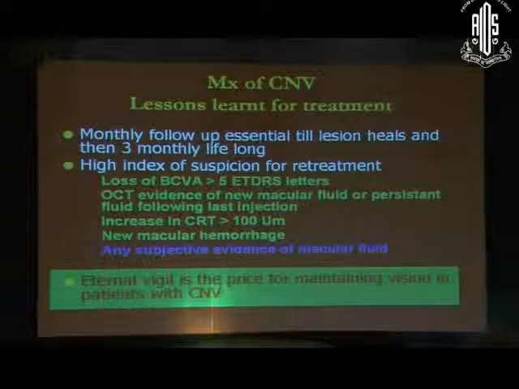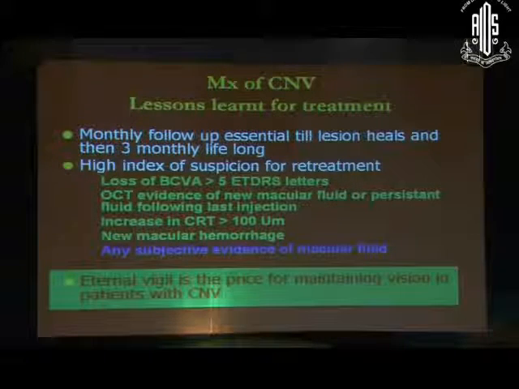Monthly follow-ups are essential. In the Horizon study, the results went down because they went to 3 monthly follow-ups. The moment you go from monthly follow-up to 3 monthly follow-up, the patient deteriorates. So monthly follow-ups are essential till the lesion heals, and then 3 monthly follow-ups lifelong. The second and most important thing, you have to have a very high index of suspicion for retreatment.